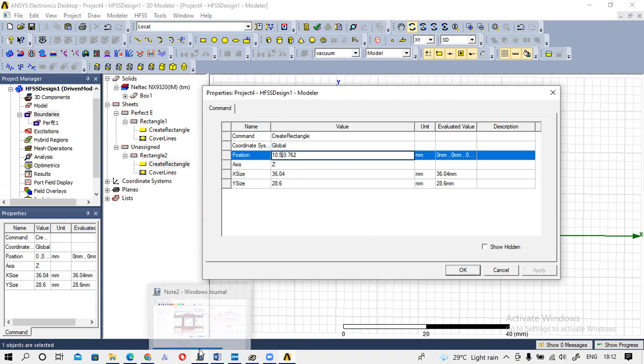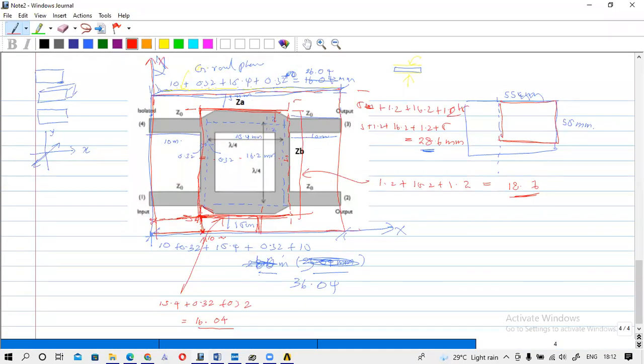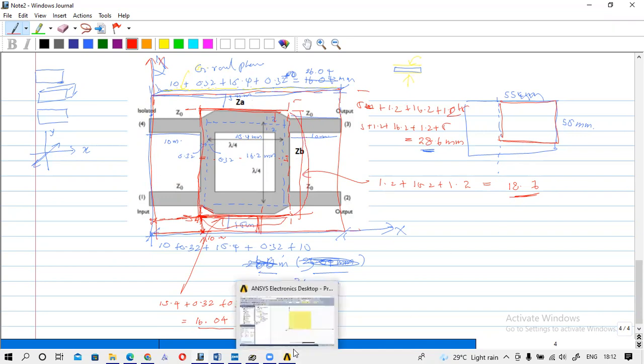This is the x direction length from here to here, that is 16.04, and the y direction length, from here to here, that is 18.6. 16.04, 18.6.